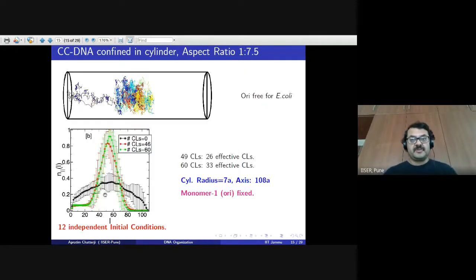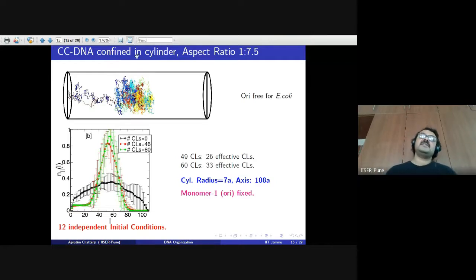So what could this phenomenon be? We put in confinement, a cylindrical confinement, because the E. coli cell is basically a cylinder. Well, at the end there is a hemisphere, but that we have neglected. The aspect ratio for the E. coli cell is 1:5.